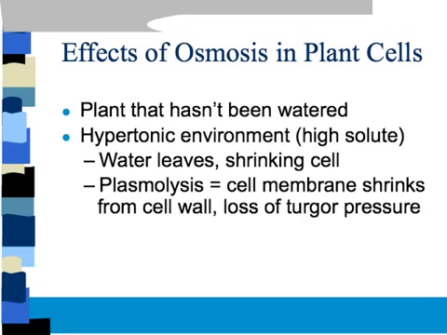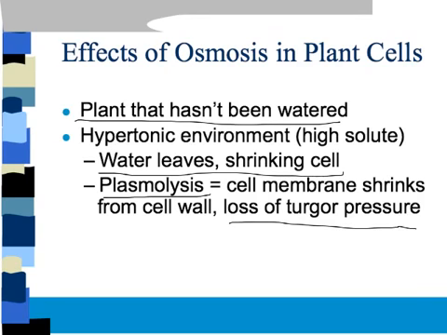And in the opposite case, if you have not watered a plant, there ends up being much more solute and very little water on the outside of the plant. So water leaves the cells, making the cells shrink, resulting in plasmolysis when the membrane shrinks from the cell wall, losing turgor pressure and causing the plant to wilt.